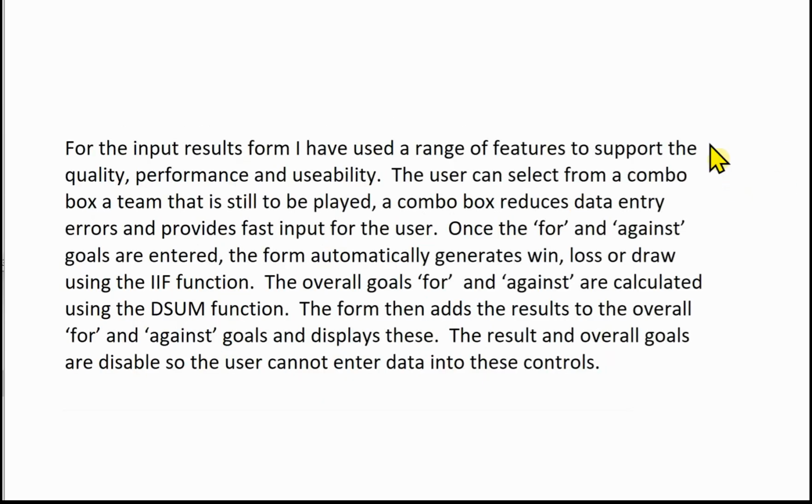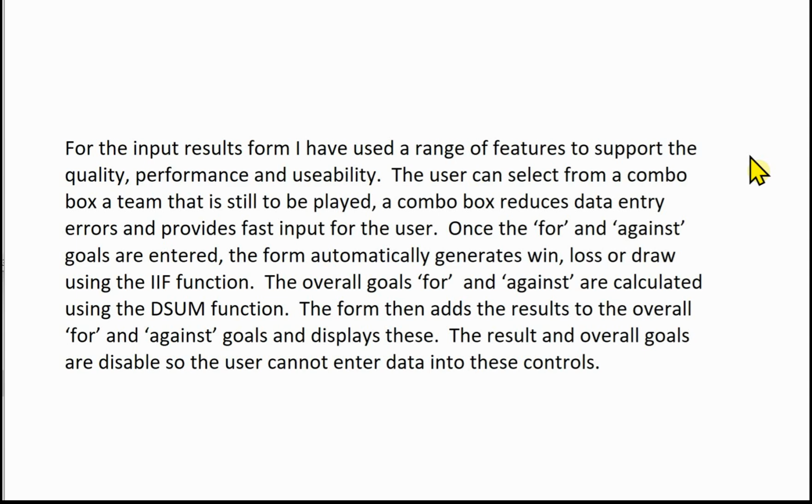Here we've got a sample paragraph. For the input results form, I've used a range of features to support the quality, performance and usability. The user can select from a combo box a team that is still to be played. A combo box reduces data entry errors and provides fast input for the user.